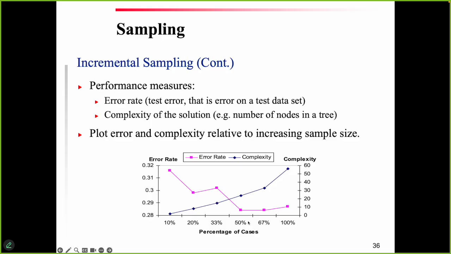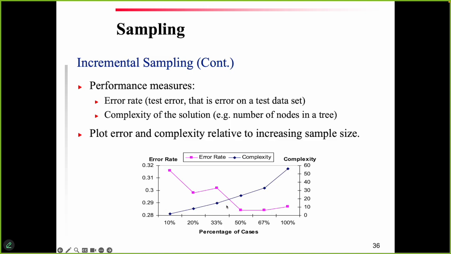As I mentioned, two things matter the most. When you compare models, you look at two things: error rate and complexity. As you increase your sample size, the error rate on the test set usually goes down, and at the same time your complexity increases.